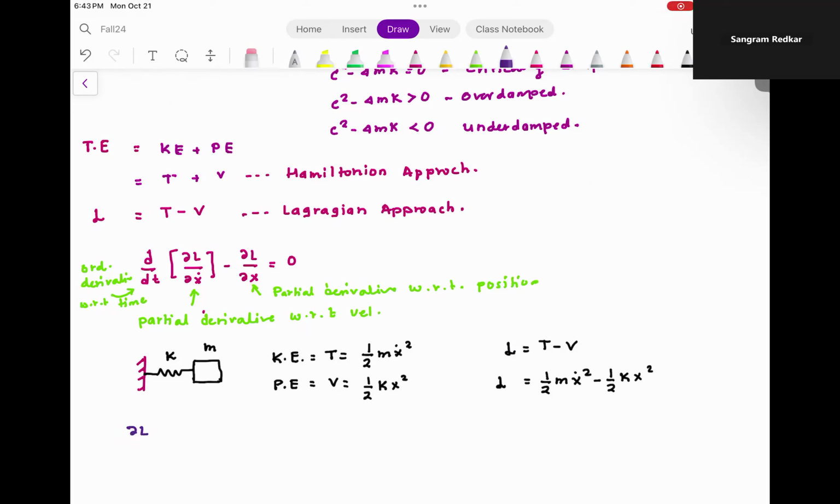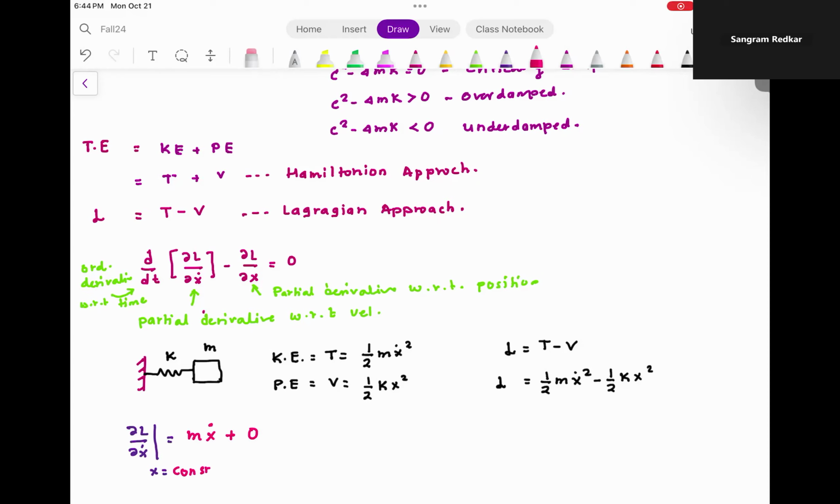So partial L by partial x dot, which means x is equal to constant. So here, when I do partial L with respect to x dot, x is equal to constant, which means the first term is going to be m x dot plus 0. Do you agree with me? Everyone understands what a partial derivative is, right?